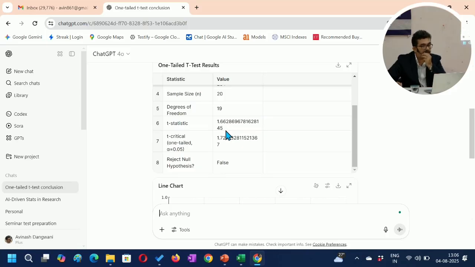Same value it is calculating. T critical value, one-tail test with significance level of 0.05, is 1.729, which we have taken from the T table. Same value ChatGPT has calculated. Reject null hypothesis: false.